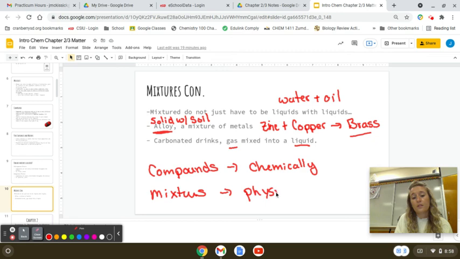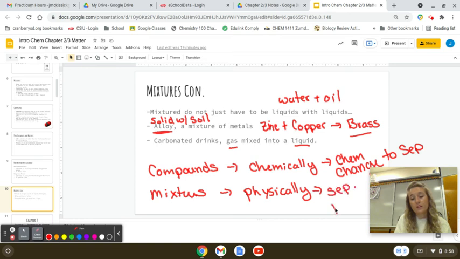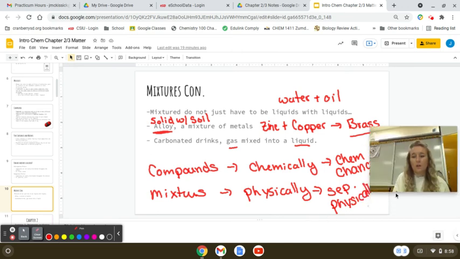Physically. They can easily be taken apart. So to separate compounds, you need a chemical change. Whereas mixtures, you can separate physically. Okay?